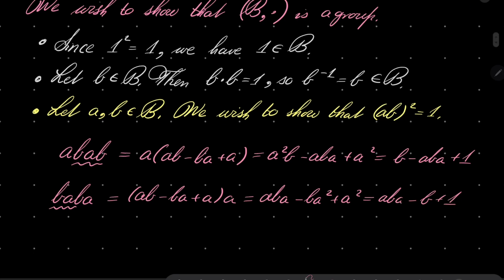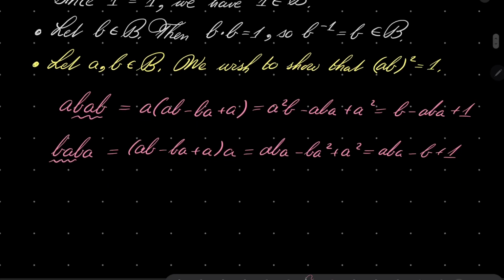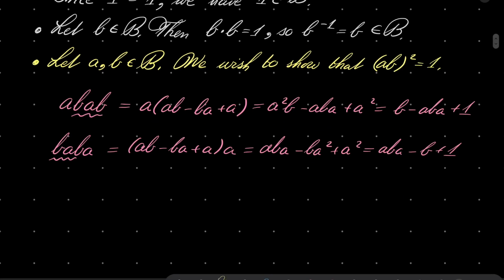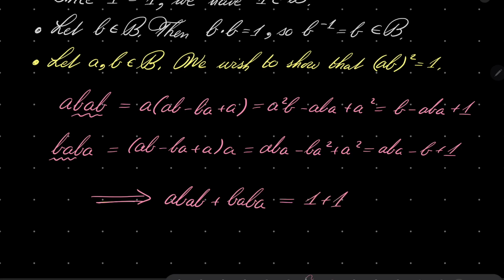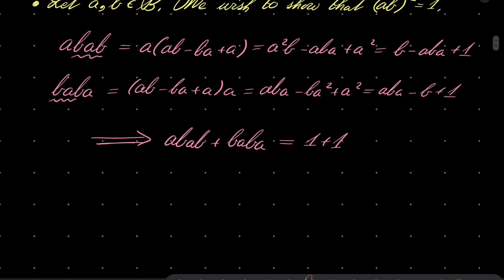And notice that if we add these two expressions together, we will get that ABAB plus BABA is just 1 plus 1, because this cancels with that and this with that. And let's remember it.